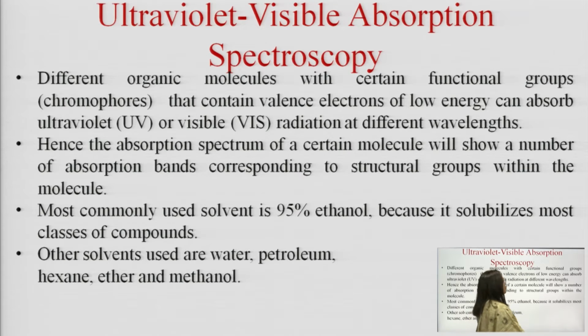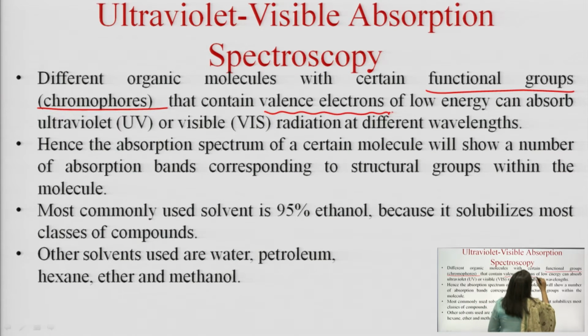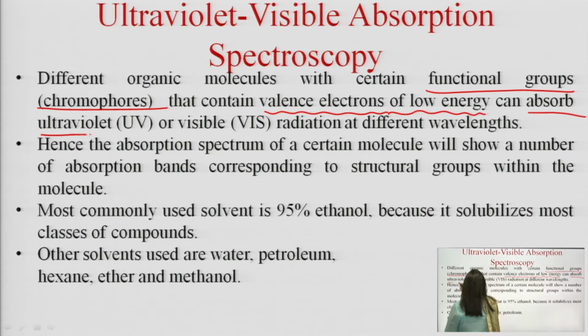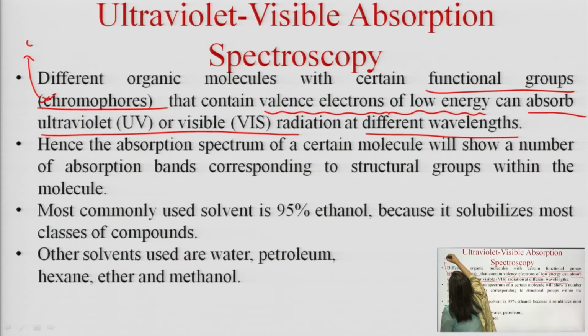Ultraviolet visible absorption spectroscopy. Different organic molecules with certain functional groups called chromophores that contain valence electrons of low energy level can absorb the ultraviolet or visible radiation at different wavelengths. So, here chromophores are the functional groups that are capable of giving some color, hence termed as chromophores.